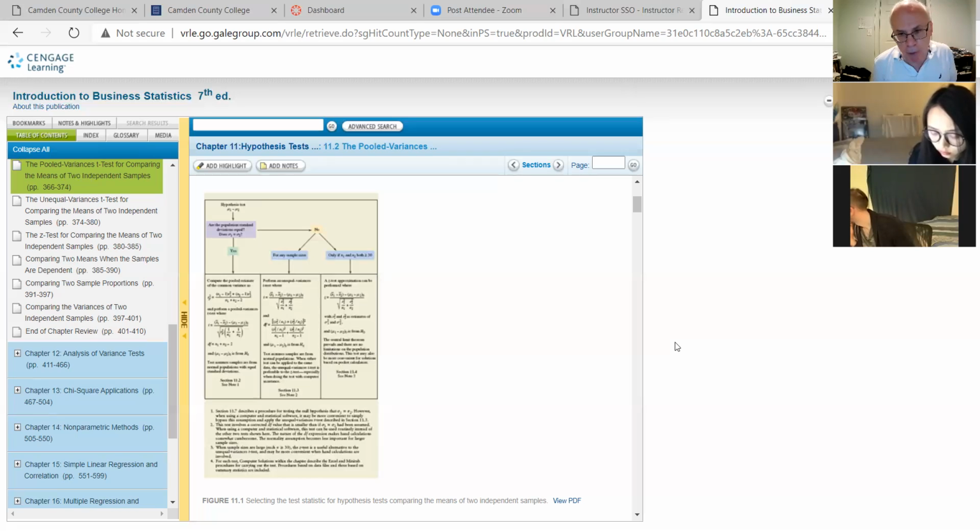The complication comes with the degrees of freedom. That looks like a mess, right? A little bit messy. But that's the degrees of freedom that you would put into your t-distribution when you figure out your p-value. And by the way, it may come out to a decimal.